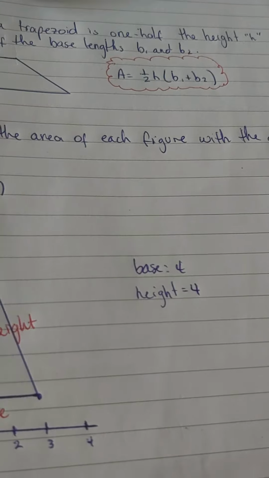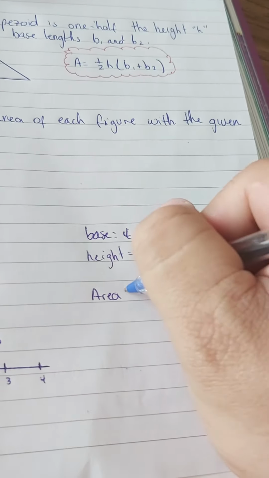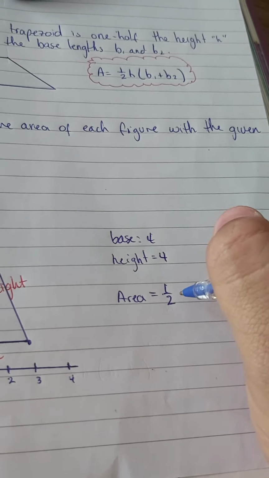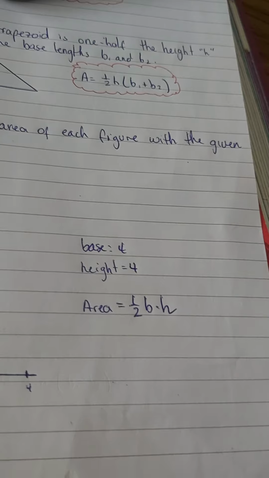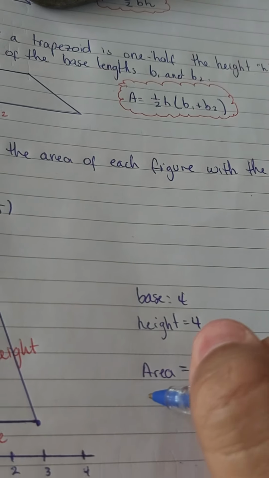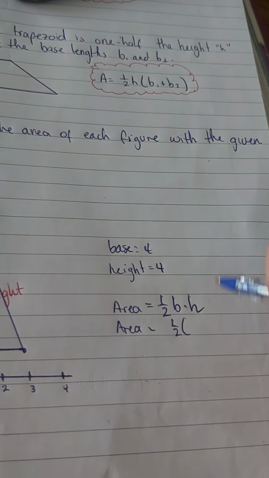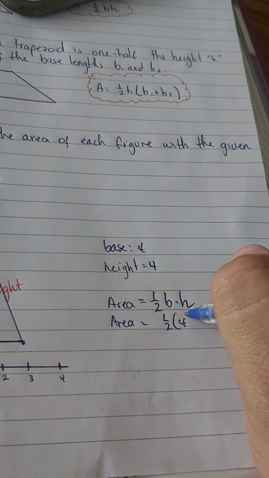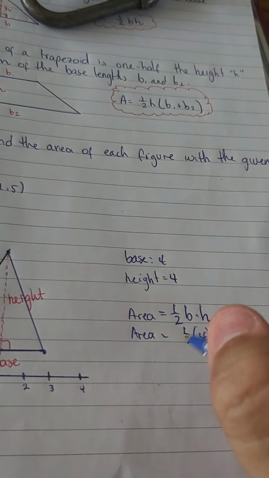So knowing this information, now we can find the area. Area equals 1/2 base times height. Now we substitute. Area equals 1/2 times the base 4 times the height 4.